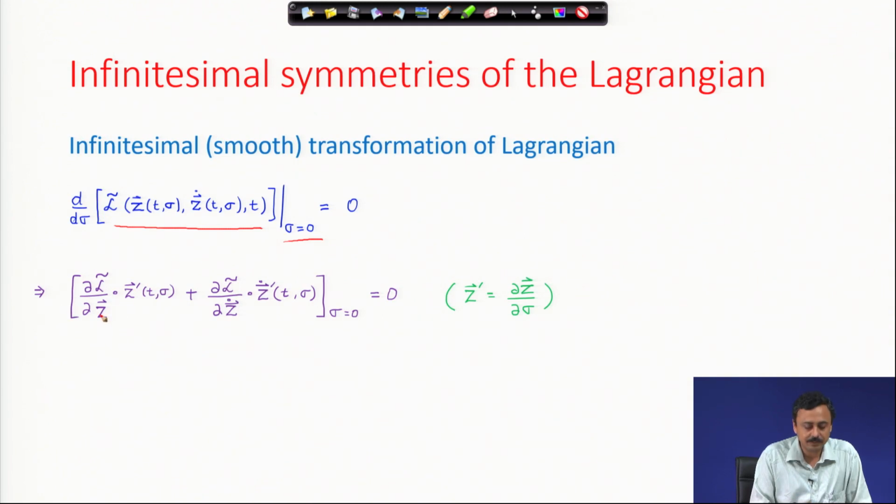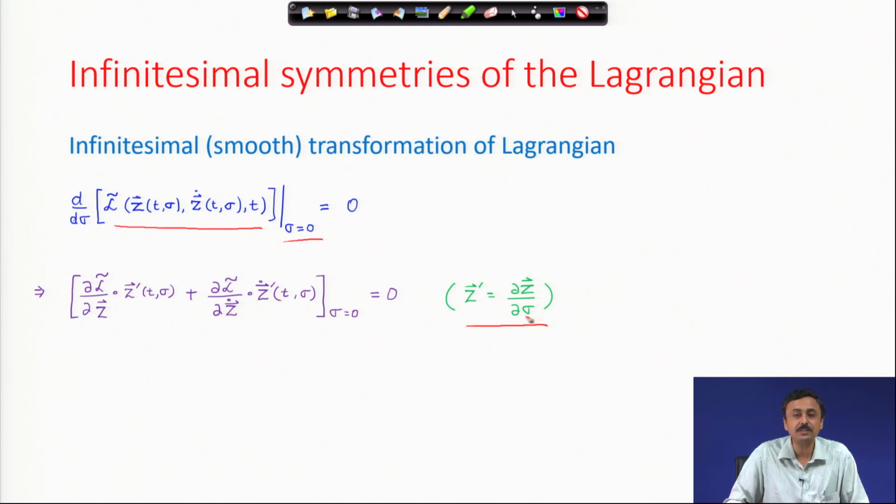We take the partial derivative, using the chain rule: del L tilde del z, the first argument being a vector argument, dot z prime, where z prime means the partial derivative of z with respect to sigma, and to that I add, again by the chain rule, the partial derivative of the new Lagrangian with respect to the velocities z dot, dot z dot prime.